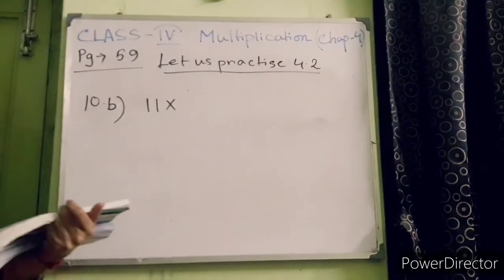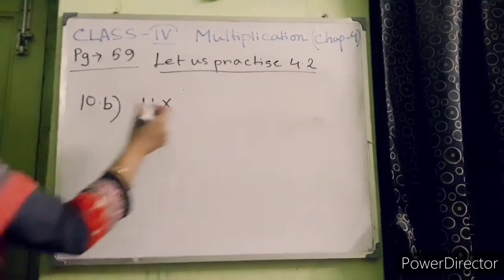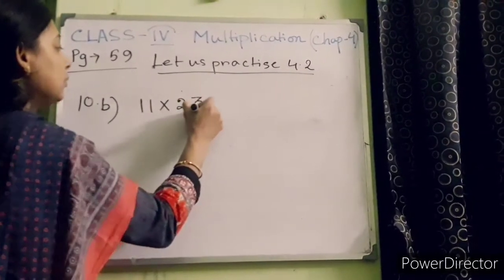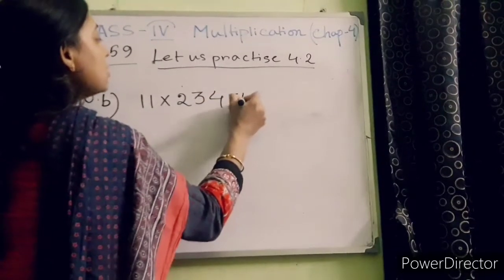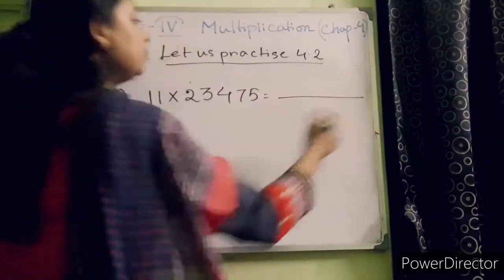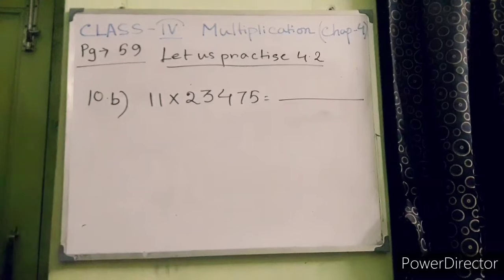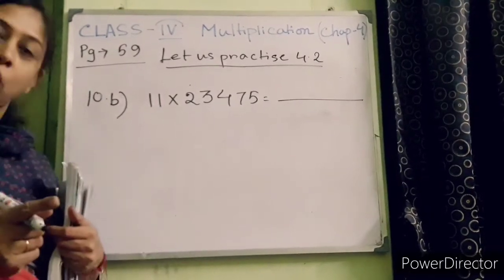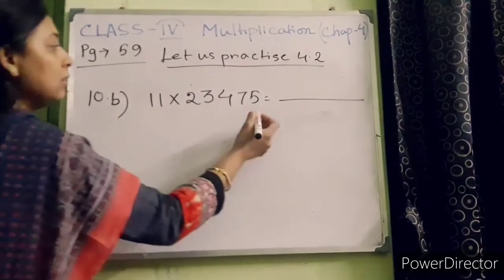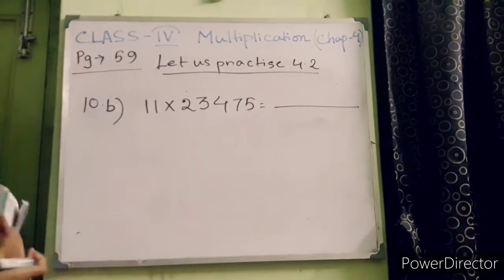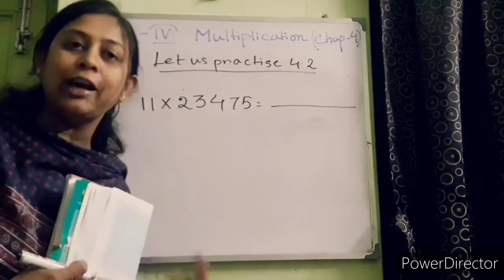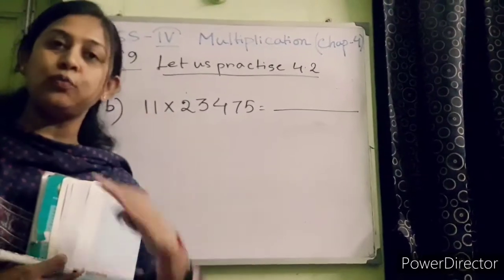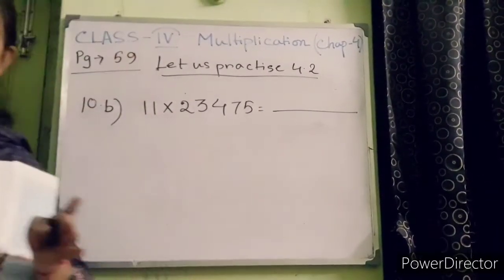B, 11 into 23,475. Students, first you have to try. Okay? Now, what I have told, you have to put 0 before the actual number and another 0 after the actual number.